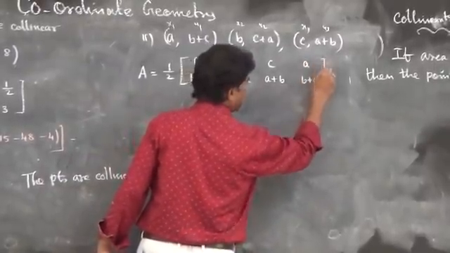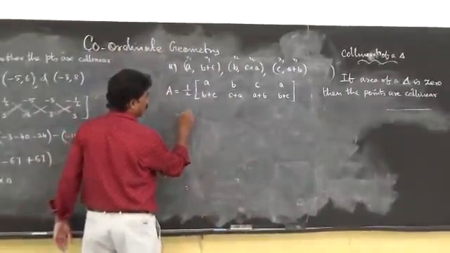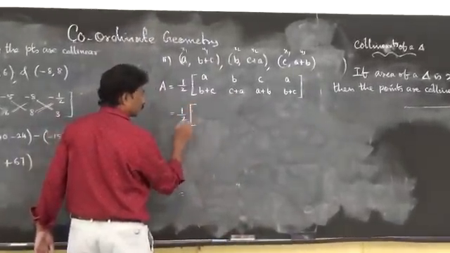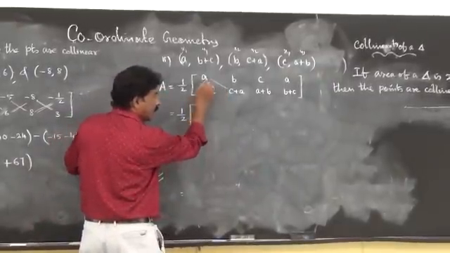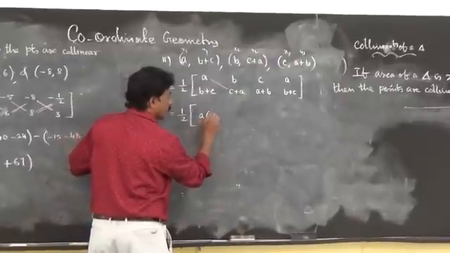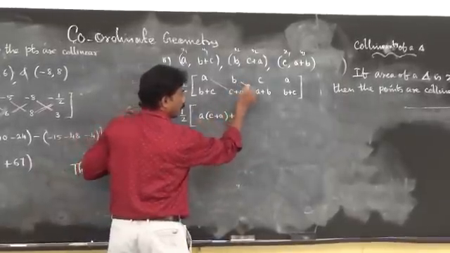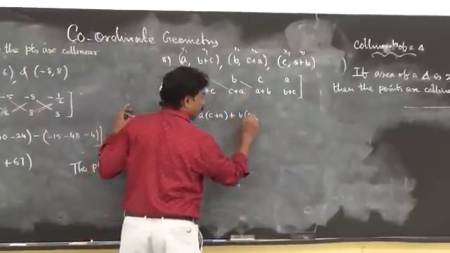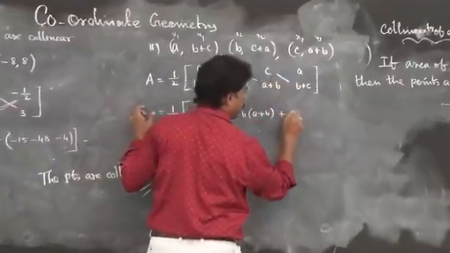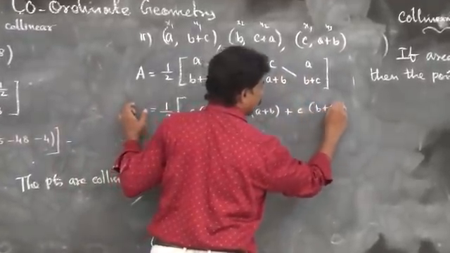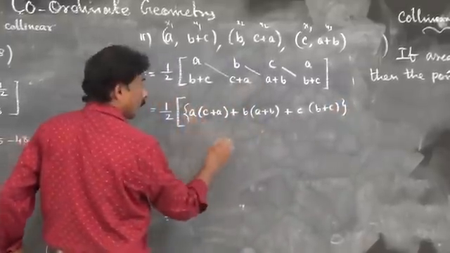When you multiply, since they include alphabets, you have to be a little careful. 1 by 2. You have to multiply this way: that is A into C plus A, plus B into A plus B, plus C into B plus C. Since I already used this bracket, we can use a curly bracket.